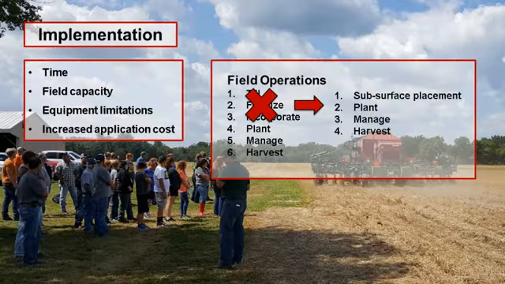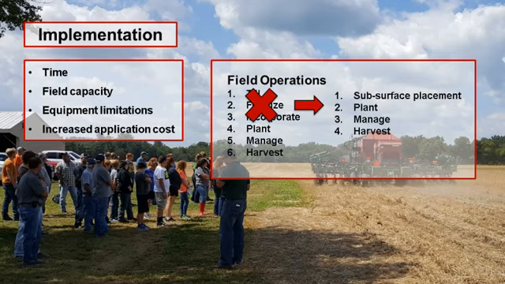So when we think about the implementation, we have those 4 aspects, but then the main attraction for some of these tools is the ability to reduce inputs. If we look at the field operations of a typical environment, we'll probably have 6 or more passes within a year. We look at tilling, fertilizing, possible incorporation, and then plant, and your management passes, spraying passes throughout the year, and then we have a final harvest.